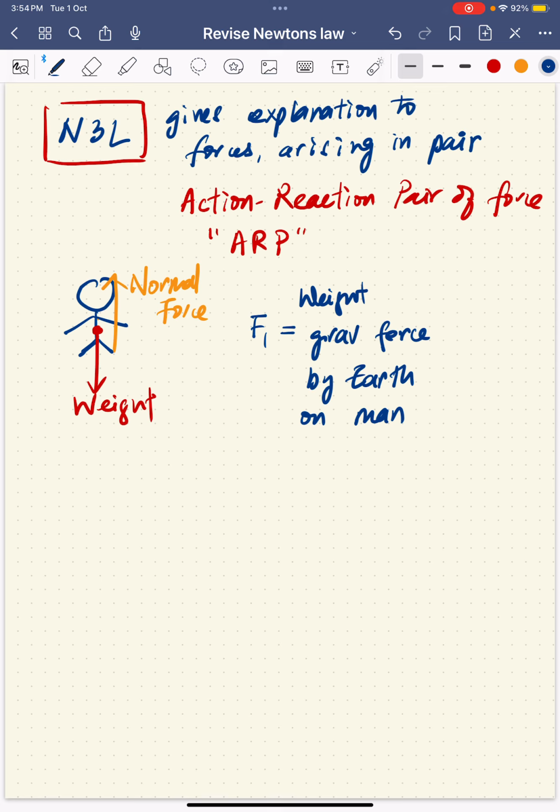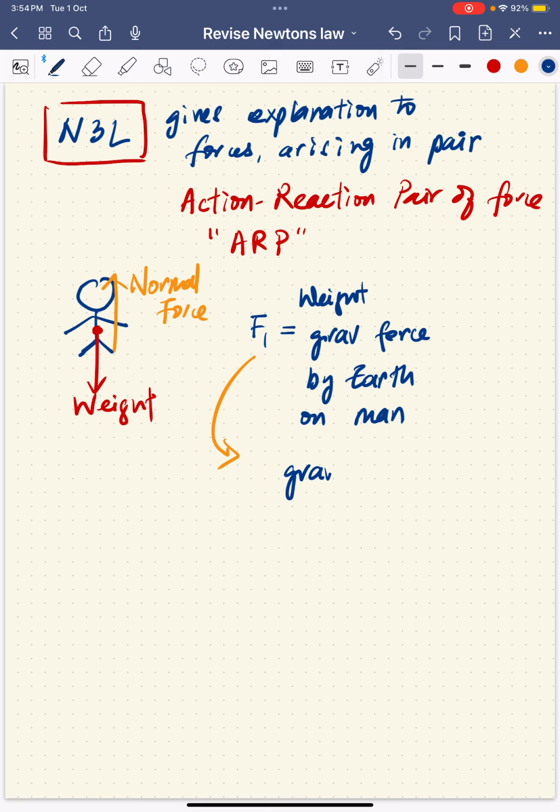Now if we want to look for its action reaction pair, the action reaction pair of this force number 1 must firstly also be another gravitational force.